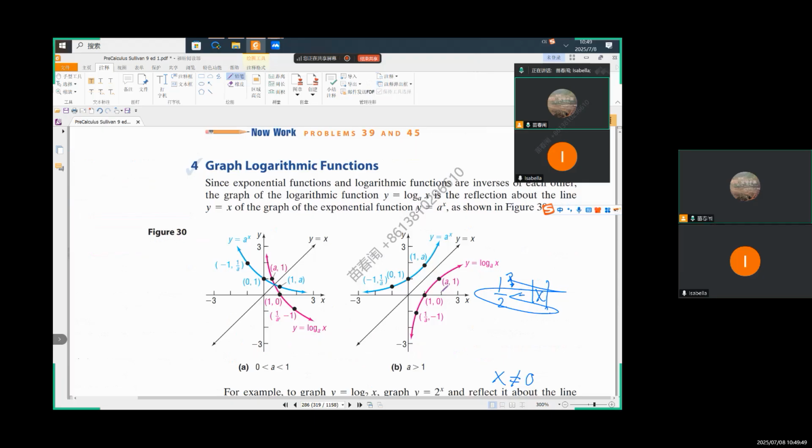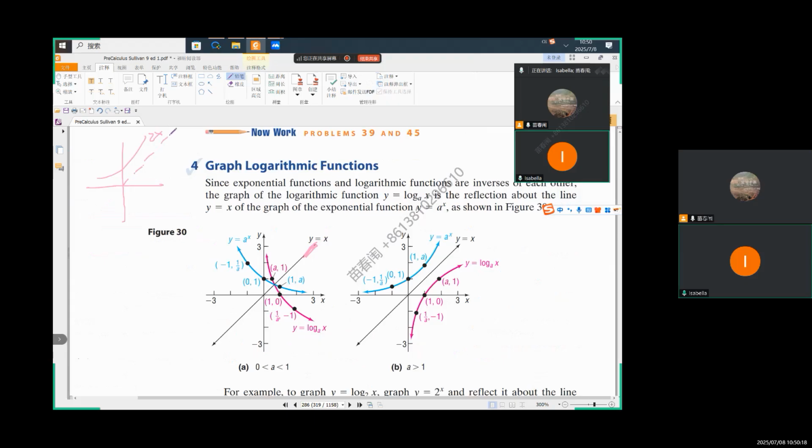Oh, this is graphing it. Because they're inverse functions, they are symmetrical about y equals x, right? So if it is like 2 to the x power like this, it's the reflection about the line y equals x.